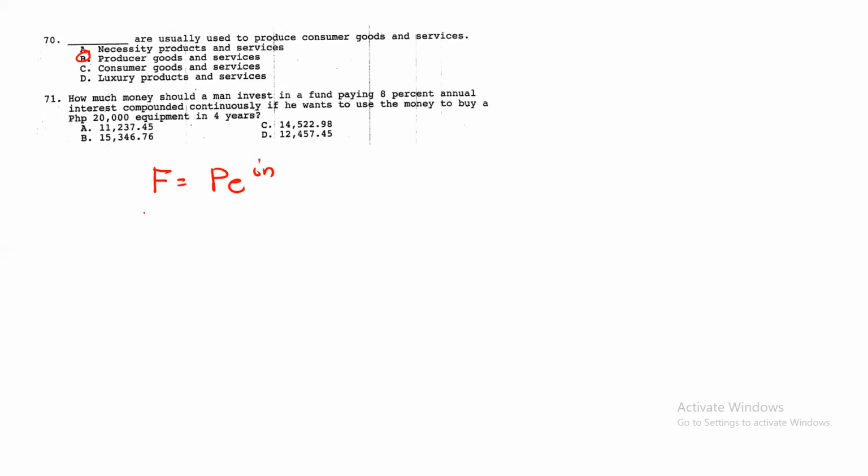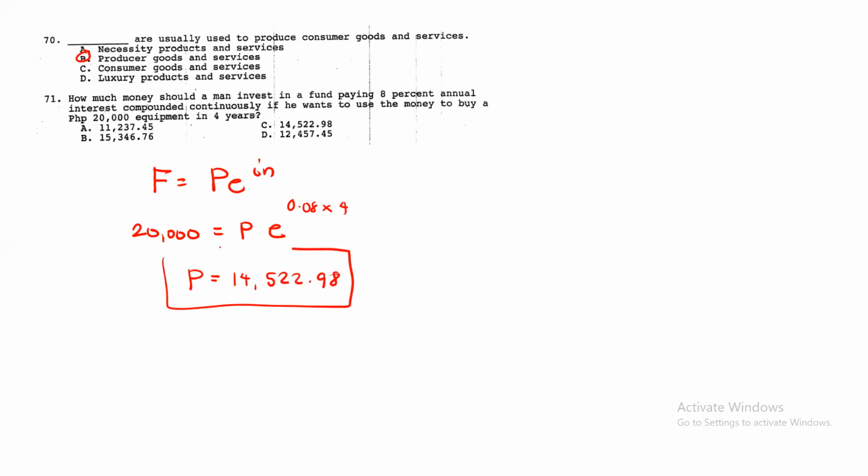So F natin, future is 20,000, present times e raised to i natin is 8%, so 0.08 times 4 years. So makuha natin P dito is 14,522.98. So, easy.